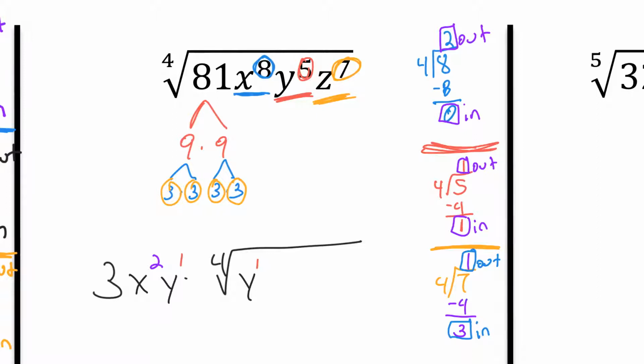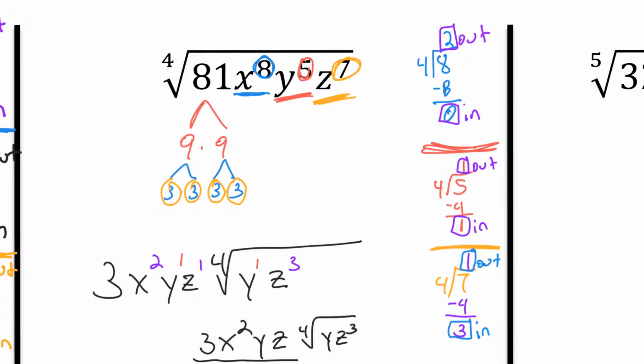So you'll have a z with an exponent of 1 outside, and z with an exponent of 3 inside. Now once again, you don't need the exponent of 1 here. So let me just rewrite it: 3x squared yz times the fourth root of yz cubed. The y inside has an exponent of 1. You don't need it. So there's my answer.